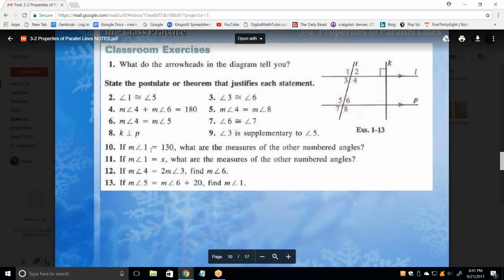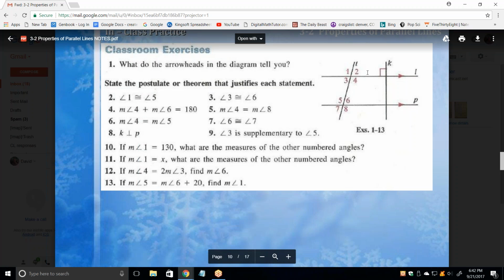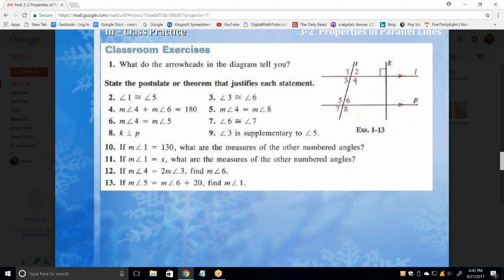Angle 1 is 130. What's the other numbered angle? What's 2? 50. What's 3? 50. What's 4? 130. 5? 130. 6? 50. 7? 50. 8? 130. Okay.